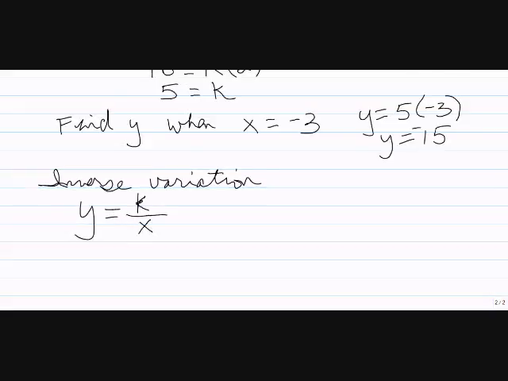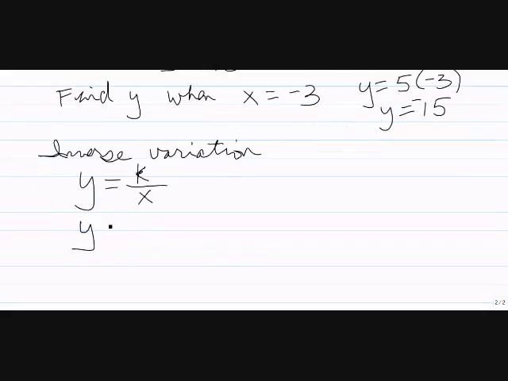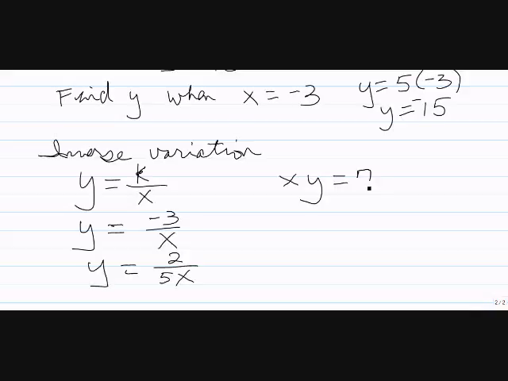Examples of this would be like y equals -3 over x, or y equals 2 divided by 5x, or xy equals 7.